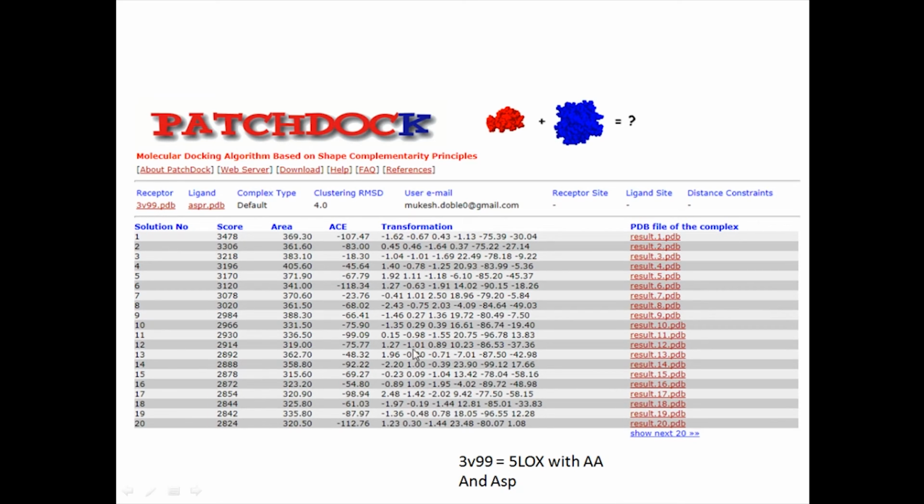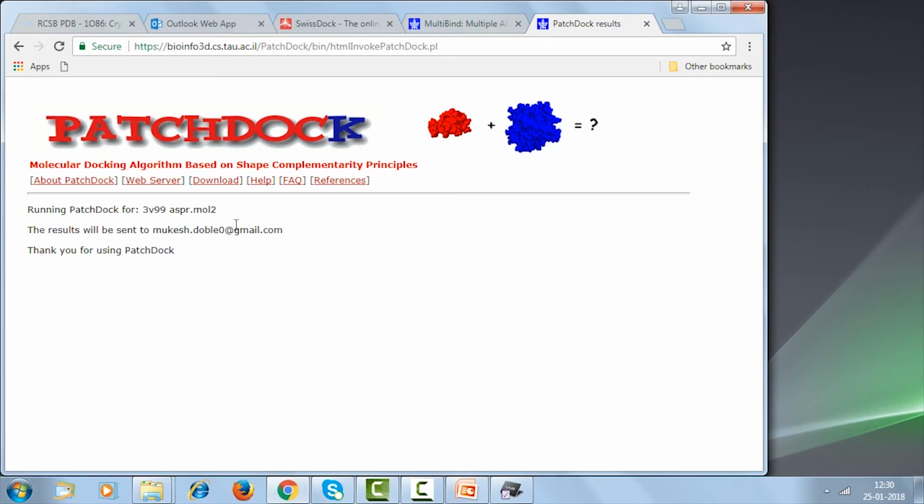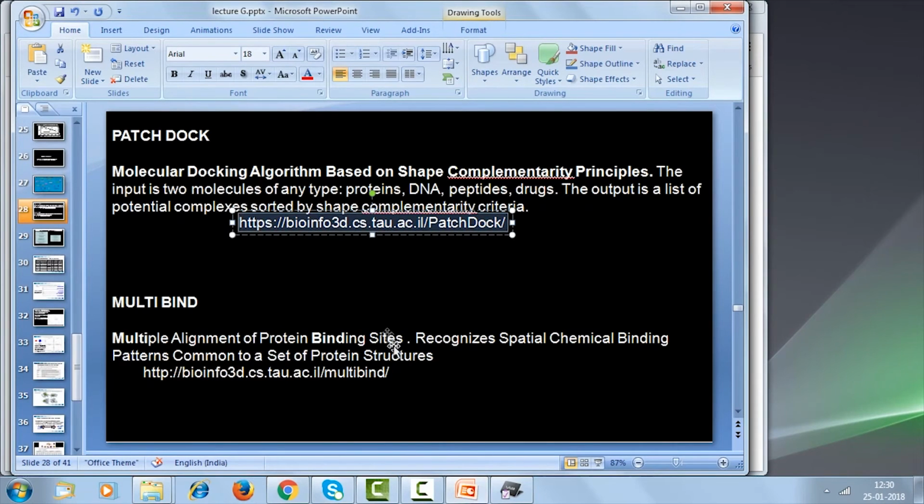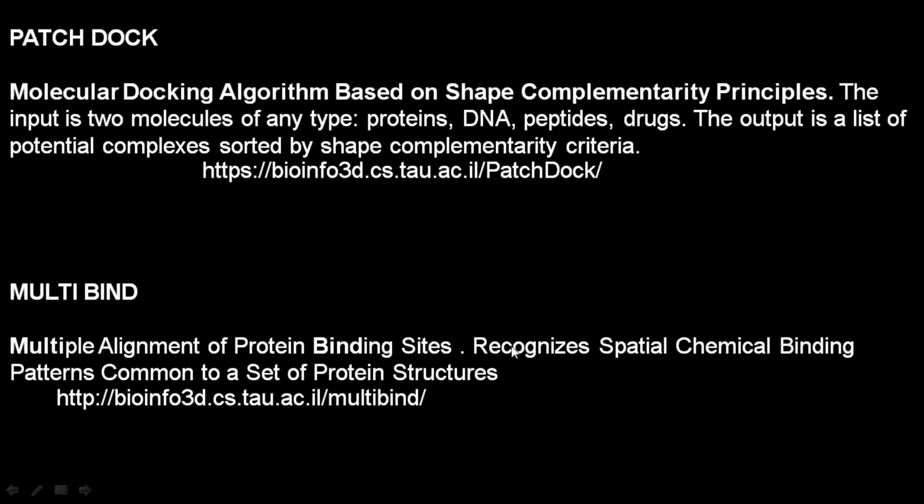So this is another software which is useful when you are looking at ligands and proteins. The results will be sent to this particular email. MultiBind looks at several protein binding sites, and then it says what the similarity principles are, like hydrophobic, hydrophilic, polar, non-polar, and so on.